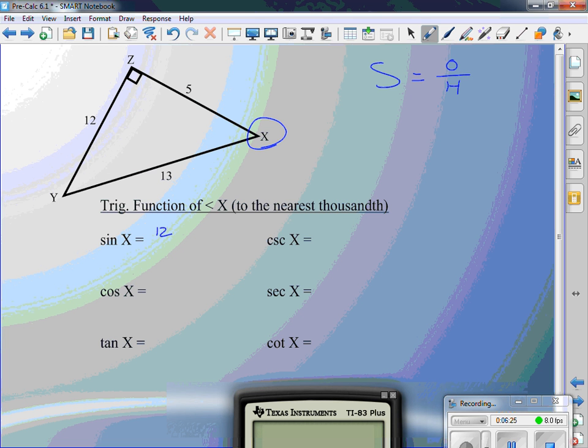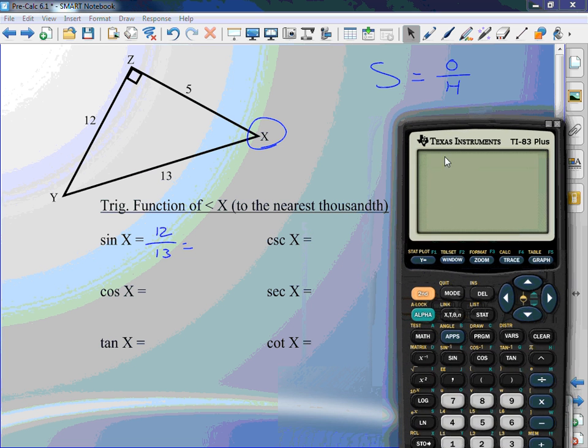So opposite is 12, the hypotenuse is 13. 12 divided by 13, 0.92. Don't hit sine of. We don't know what the sine of x is. We can find out what the angle is, but this is just the ratio.